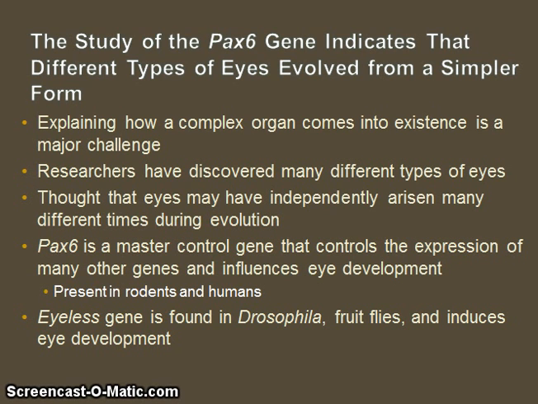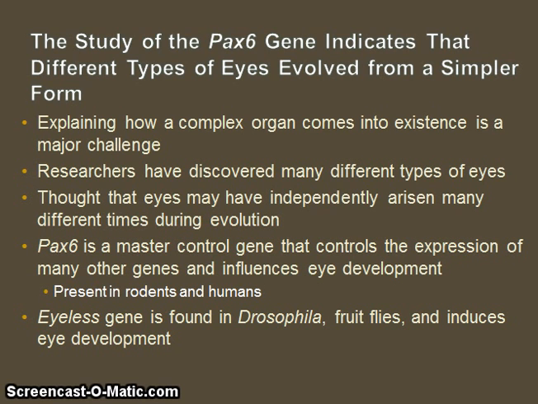And so more recently, when scientists began to study eye development, they found the Pax6 gene, which is a master control gene that controls the expression of many other genes and influences eye development, similar to the master control gene of a Hox gene. And the Pax6 gene is present in rodents and humans.